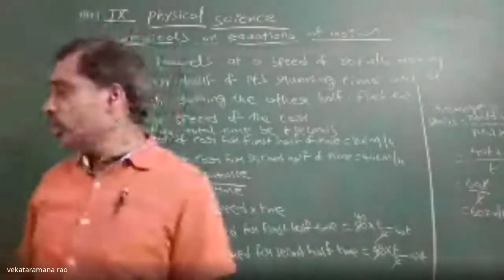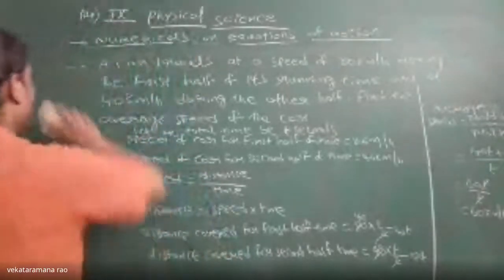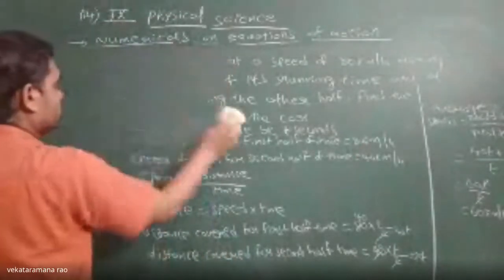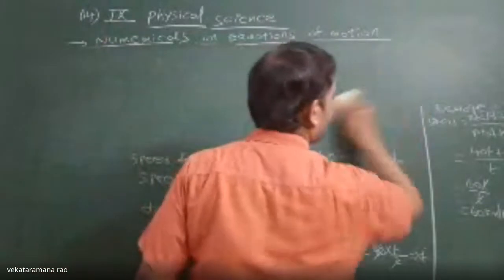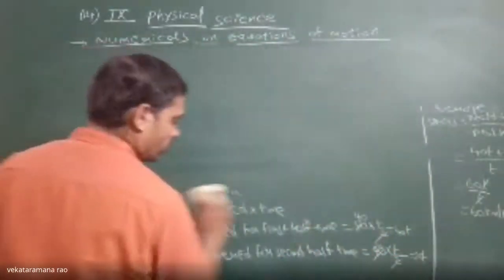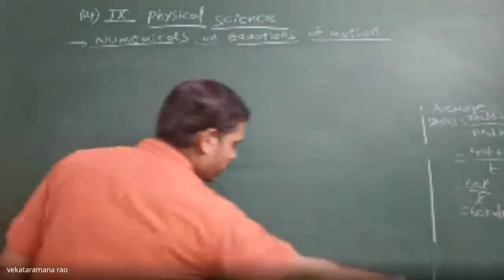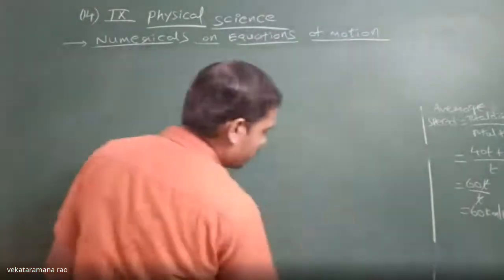Now we'll go for another problem. It also depends upon average speed. What is average speed? Total distance by total time. In the previous problem, for half of the time we travel with one speed and for the other half with another speed.